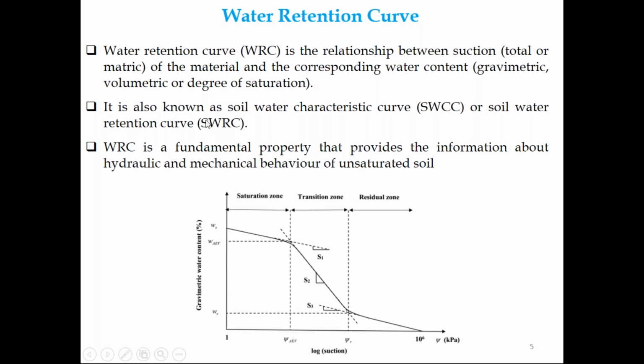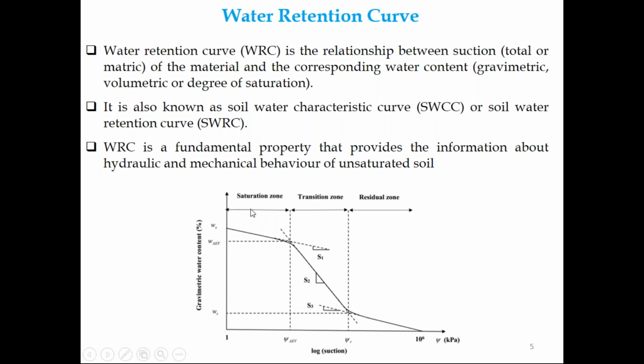Water retention curve is also known as soil water retention characteristic curve or soil water retention curve. It is a fundamental property that gives information about the hydraulic and mechanical behavior of unsaturated soil. This typical figure shows the water retention curve of unsaturated soil.